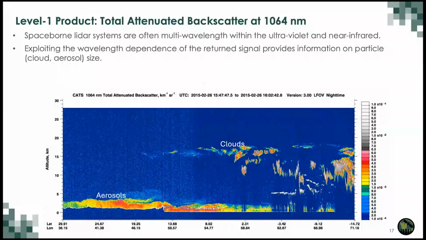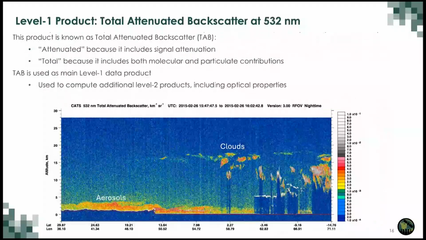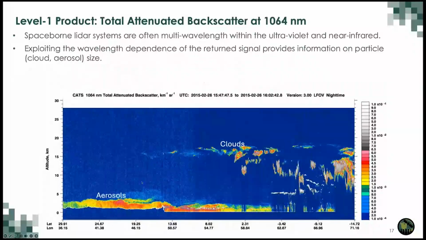CATS also operated in the near IR at 1064 nanometers. And here you can see that this is the exact same scene, but it's very similar to the 532 scene. And I'll toggle back and forth. And one thing you may notice is there's a lot more signal in this region in 532 nanometers.